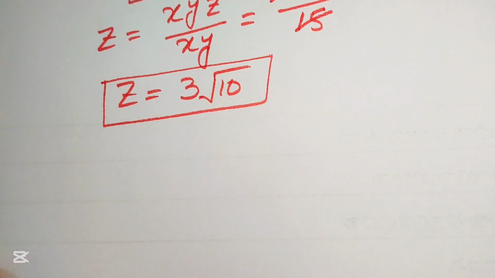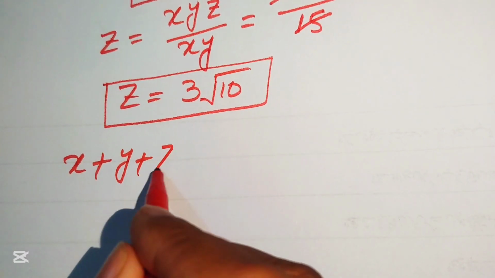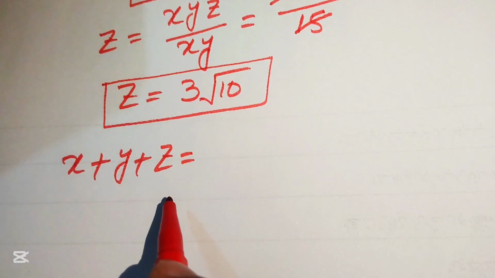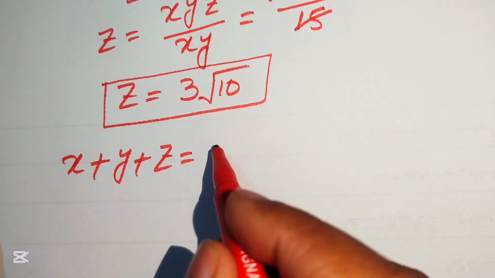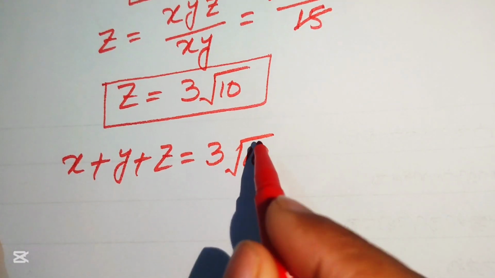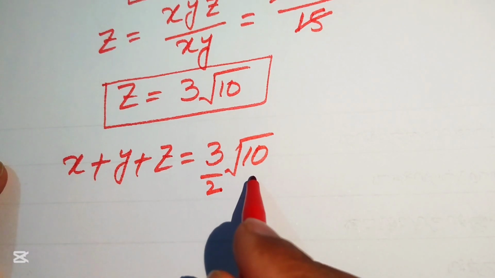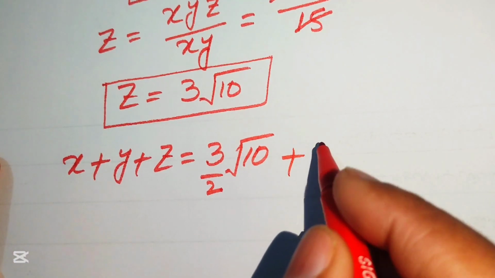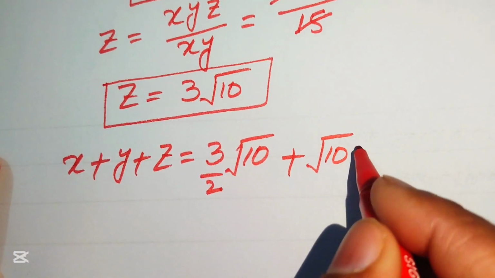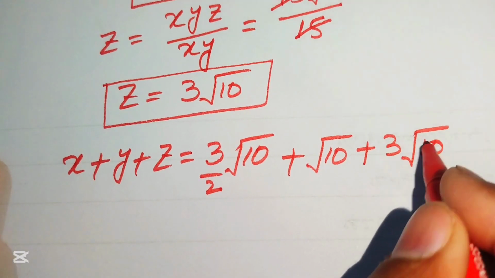And now in order to find the value of x plus y plus z, we can just add all these three values. The value of x is 3 over 2 times square root of 10, and the value of y is square root of 10 only. The value of z is 3 times square root of 10.